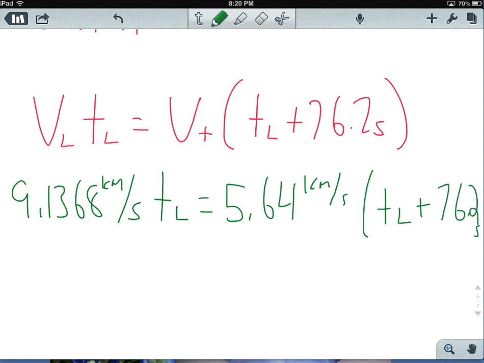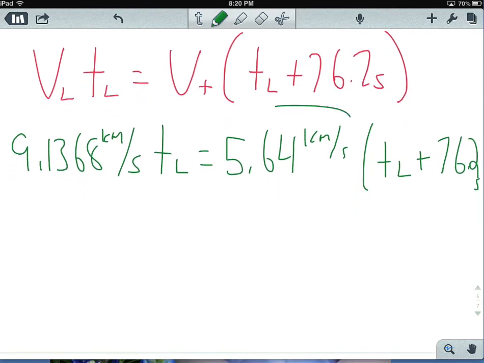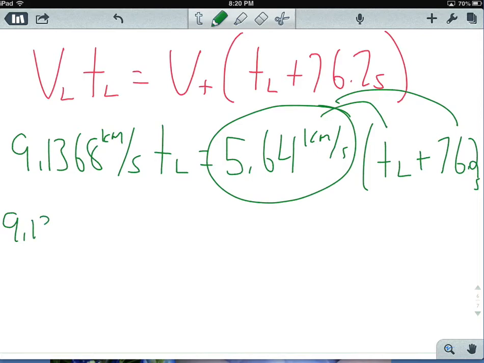I got both of those straight from the problem. To solve, I distribute within the parentheses. So I get 9.1368 t, time of the longitudinal, equals 5.64 times time of the longitudinal plus 5.64 times 76.2.